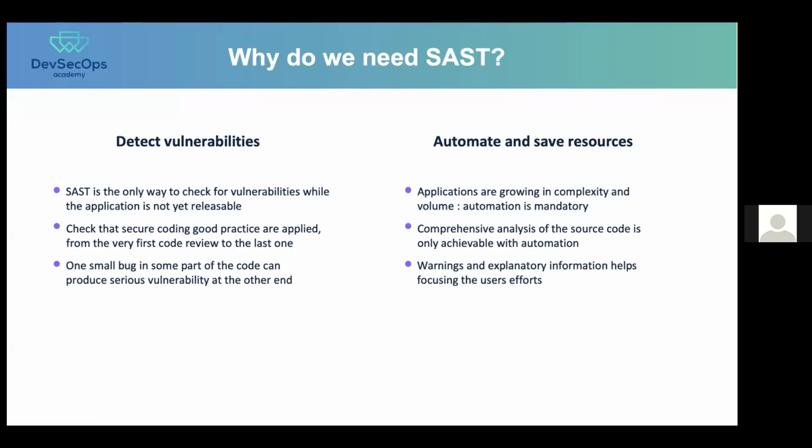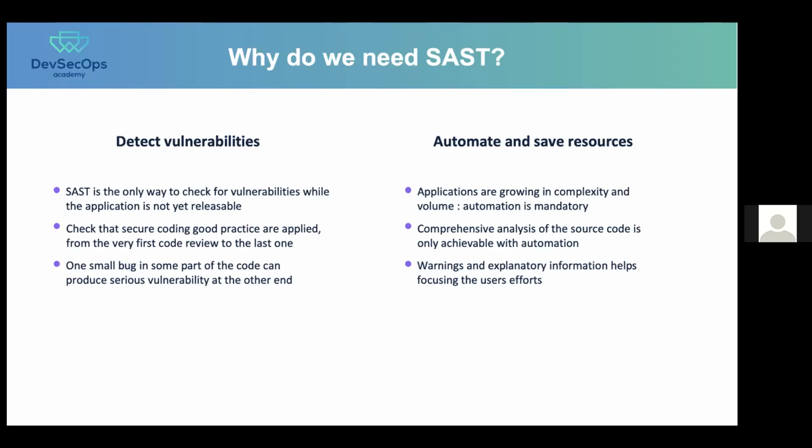So application automation is a very important step to implement this approach. Comprehensive analysis of the source code is only achievable with automation, because the combinatorics are very important. When you need to check every single line of code and its effect on the rest of the application, you need automated and comprehensive analysis.